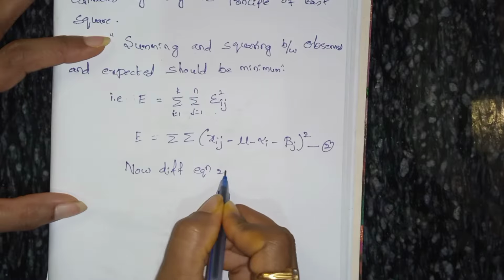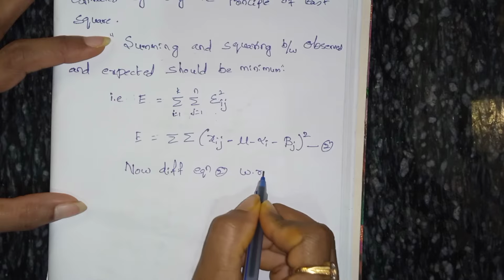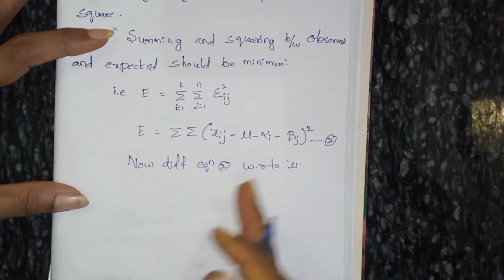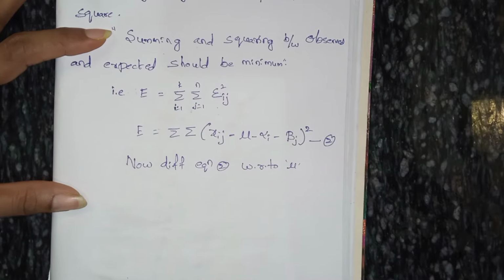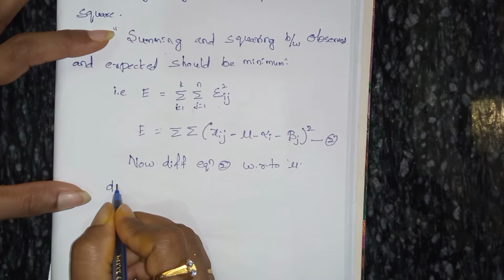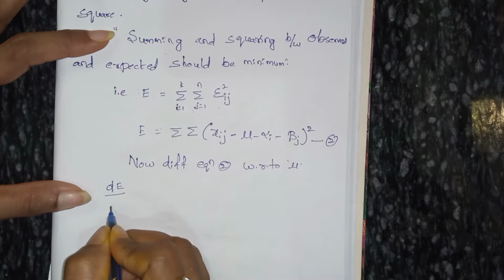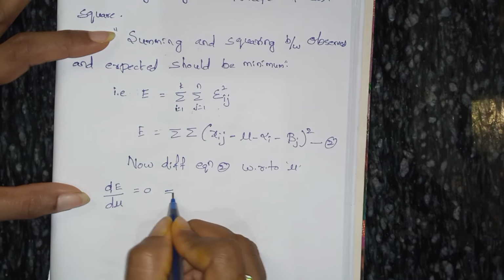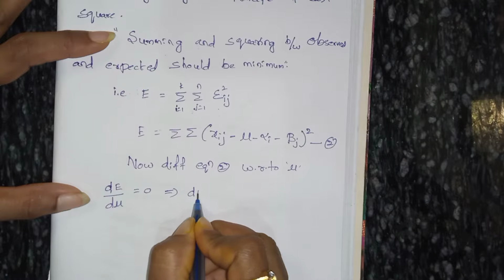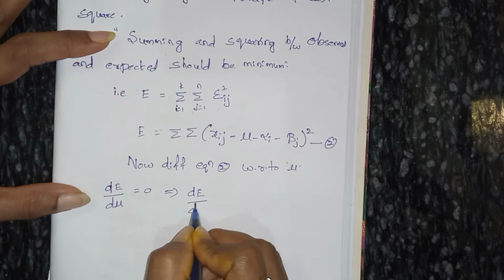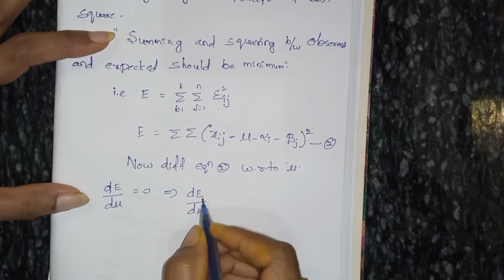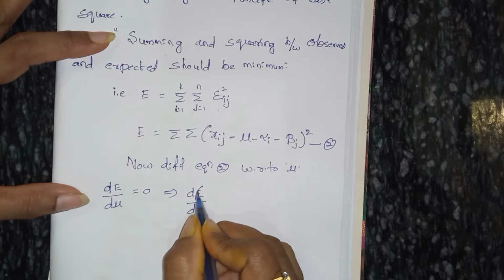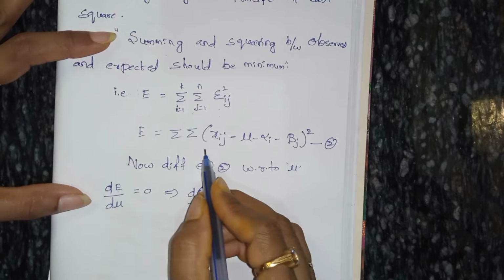Now what we have to do is differentiate equation 2 with respect to mu. That means dE by d mu equals 0. That implies dE by d mu equals, in place of E we have to keep this equation.